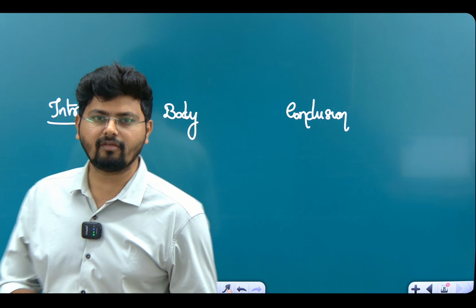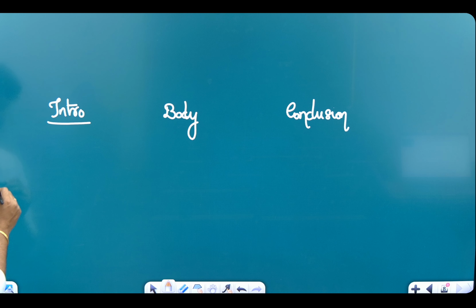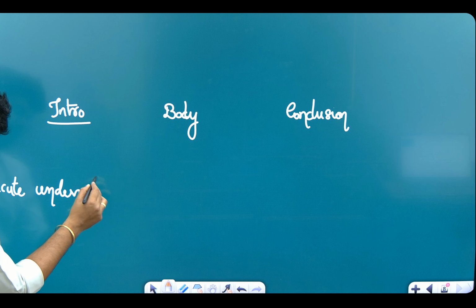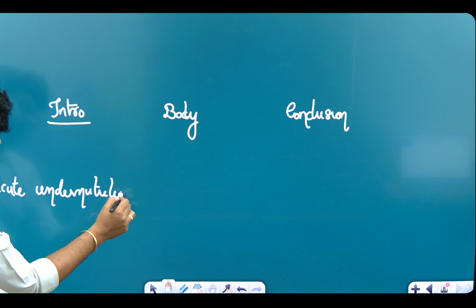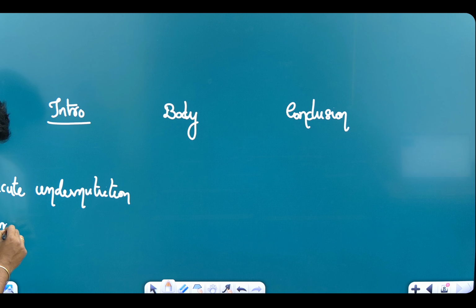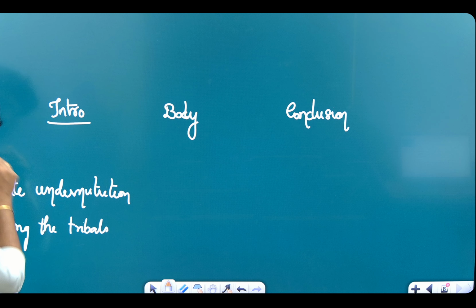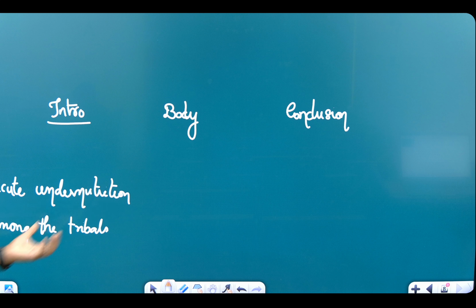So stunting and wasting, these two problems represent the undernutrition among the tribals. First you will talk about what is stunting and what is wasting, and then you will say that these two represent undernutrition among tribal children.